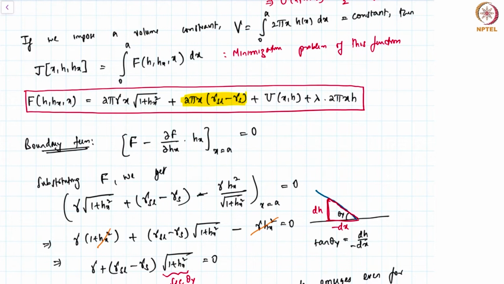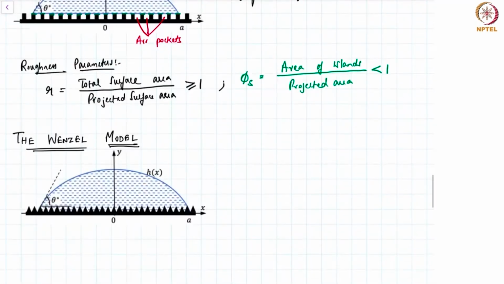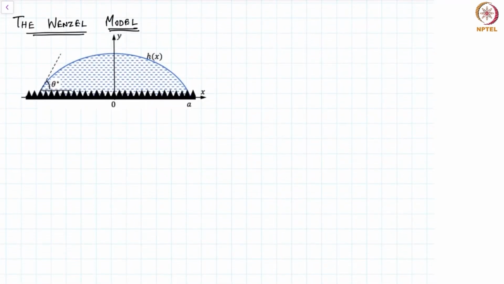So this quantity is different when you look at a rough surface, because in the rough surface, the area of the solid surface on which the droplet is wet has changed. So let's now look at the Wenzel model. In the Wenzel model, the droplet is touching the surface everywhere.